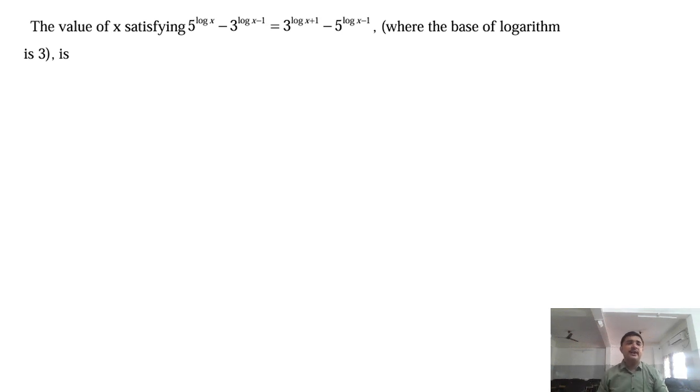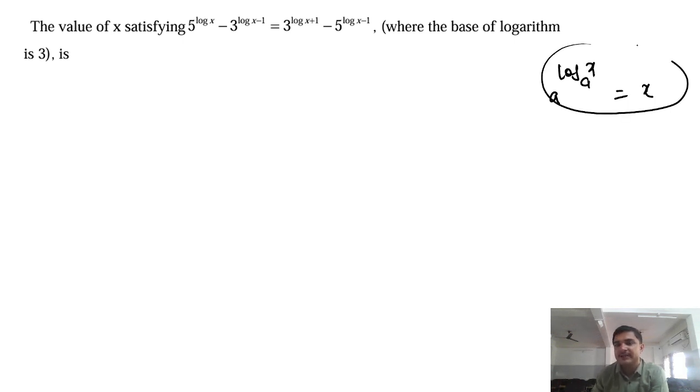One more question, everyone. Here we are having 5 power log x satisfying, and the base of the logarithm is 3, it is given to us clearly. We know a power log x base a is actually equal to x. We are going to use this property here. Base is 3.